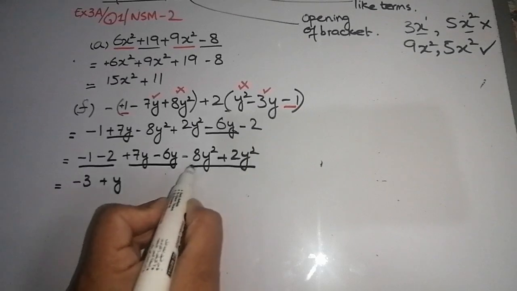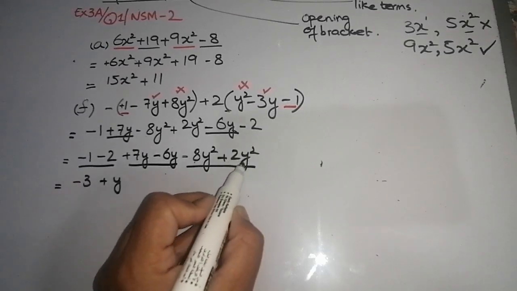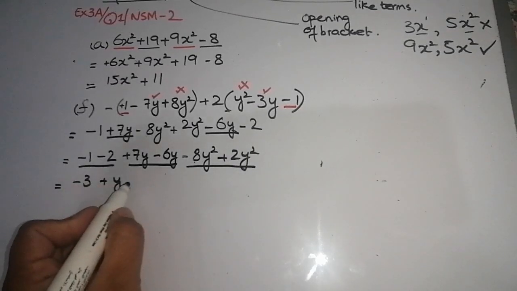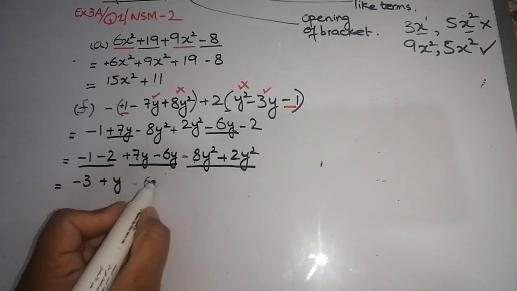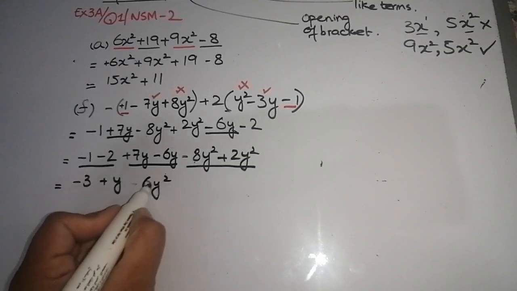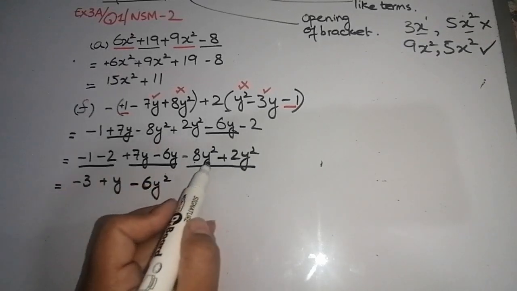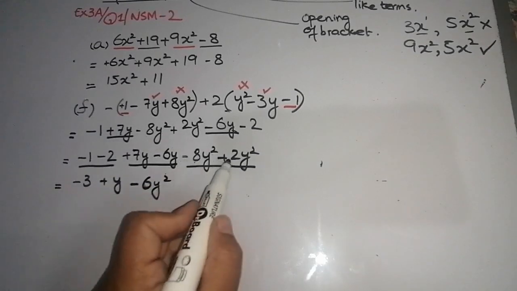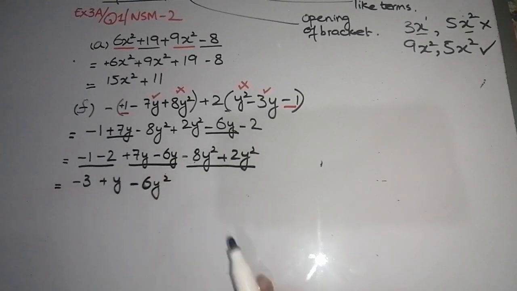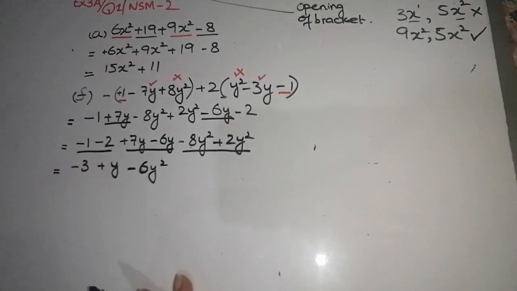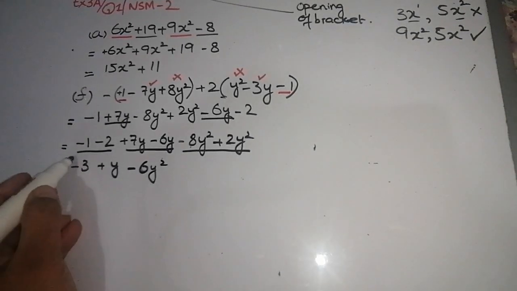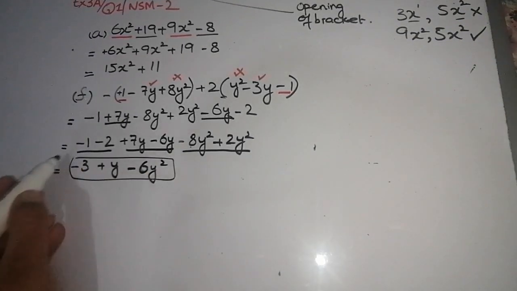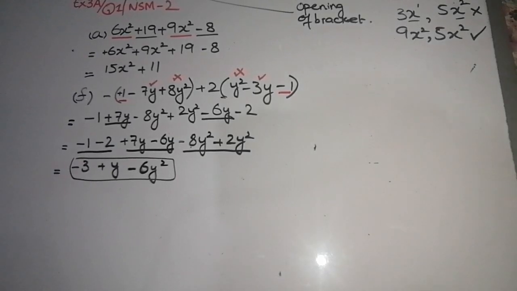And lastly, there will be minus 8y square plus 2y square, so it will be minus 6y square. 8 minus 2 is 6, and the sign of the bigger number comes, so this is your answer. You have expanded as well as simplified.